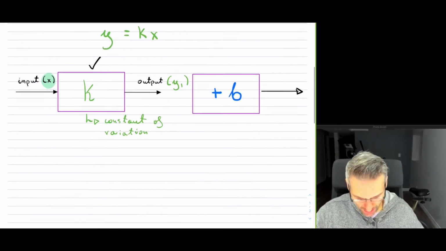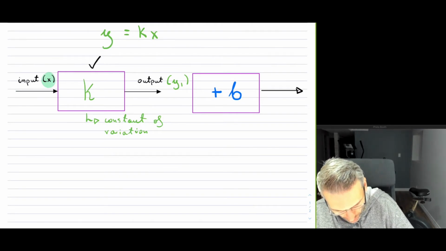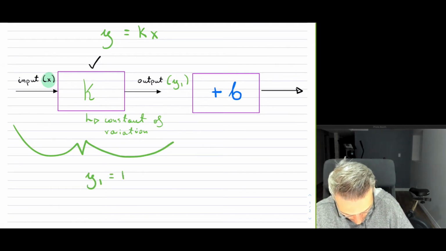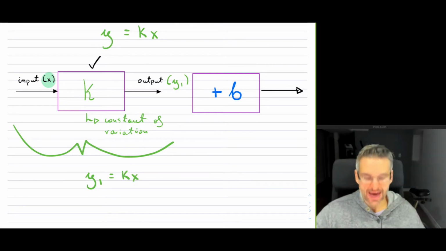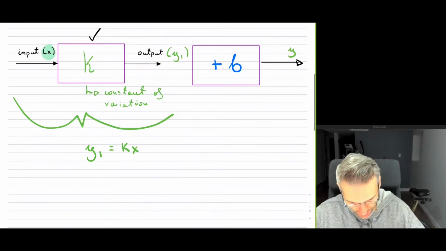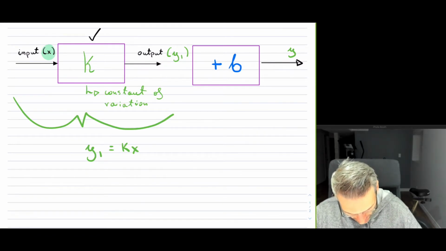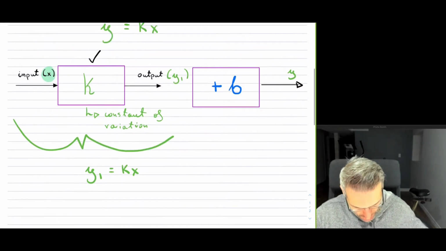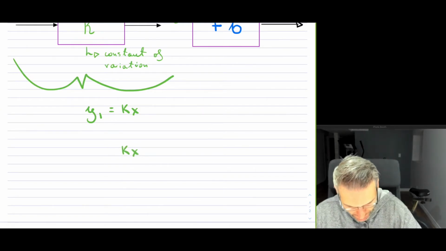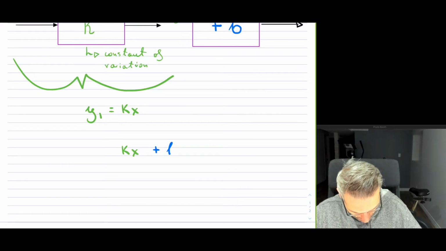So this right here is my y1 equal to kx. Now, to get our full output y, we take this kx, paste it right here, and shift it by some constant b.